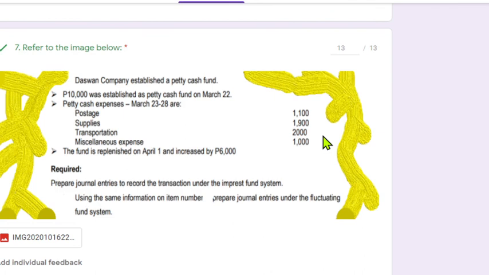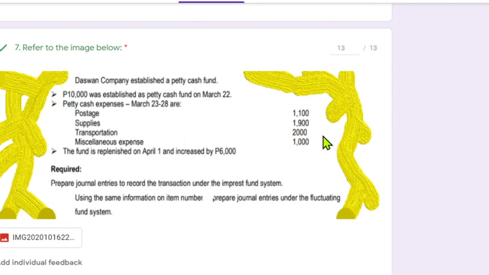kapag 6,000 ang nilagay mo dyan, ang magiging running balance mo ay 10,000. Di ba ang establishment ng fund mo ay 10,000 at the beginning nung March 22, then nabawasan lang siya ng expenses on March 22 to 28 na 6,000, ni-replenish mo na siya ngayon. So dapat 10,000 plus 6,000 yan. So ang ending balance mo dapat ng petty cash fund is 16,000.